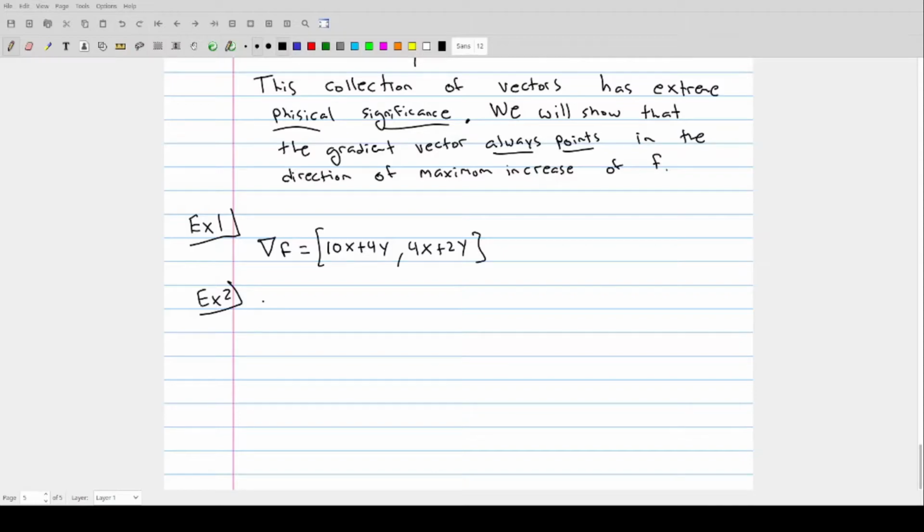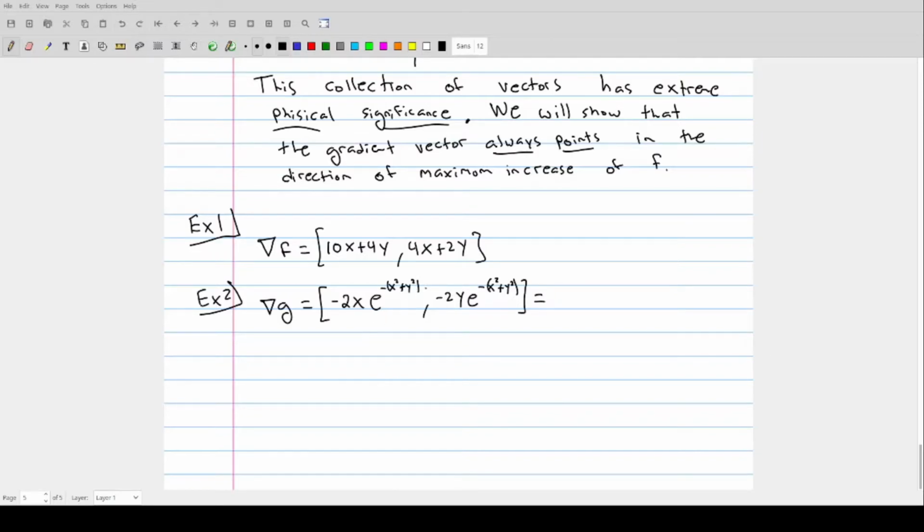For example 2, we use g. The gradient of g will be the function negative 2x e to the negative x squared plus y squared, and negative 2y e to the negative x squared plus y squared, which we can simplify using some of our vector algebra from a previous calculus course.